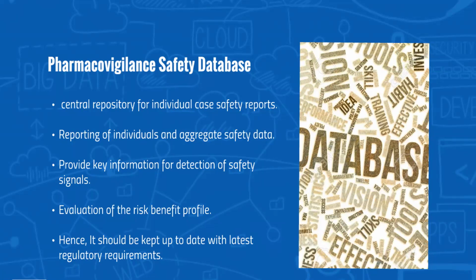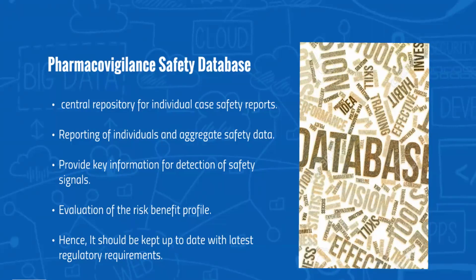These PV databases are repositories because when you are getting ICSRs in physical form, you will collect them in a binder as hard copies. Same way, if you're getting the cases in soft copies, you should have some repository. So what are those repositories? Those are the databases.